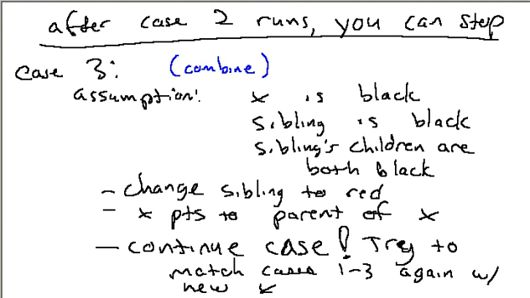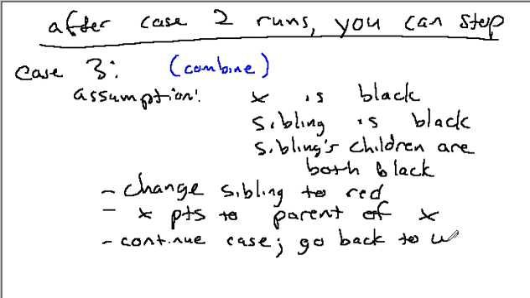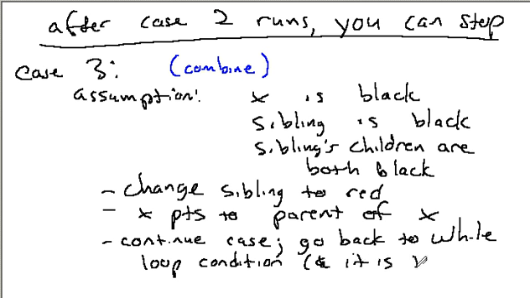This really should be rephrased differently so that the next thing doesn't become confusing. Scratch that out in your notes. Let me say this is the continue case. Go back to the while loop condition, and then if it is true, then you'd run the loop again.